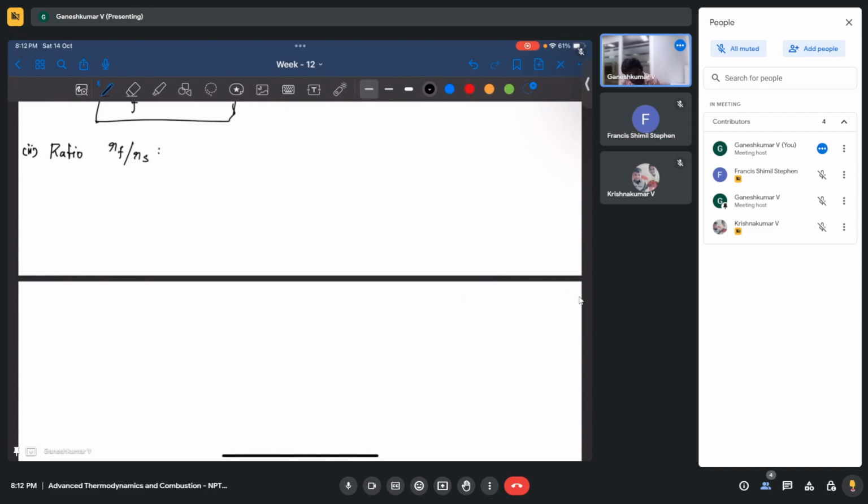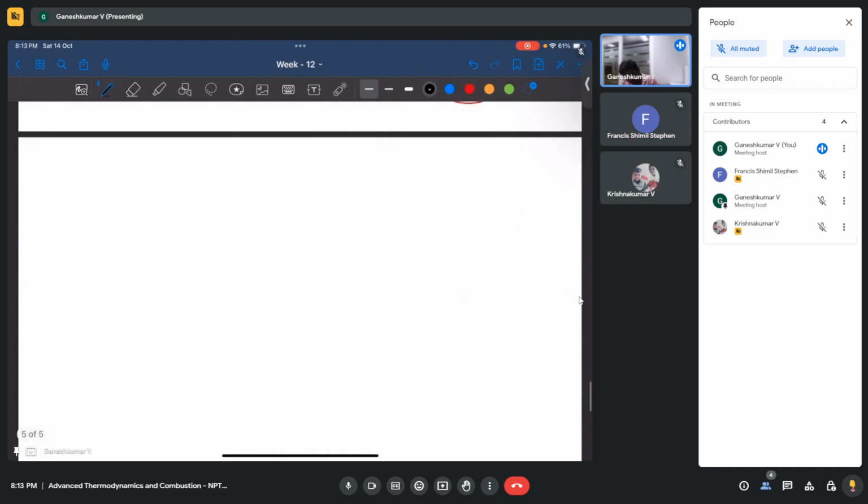So we have a droplet here and a flame over here, and I'm fixing the coordinate at the center of the droplet. So the radial coordinate at the surface is going to be RS, and at the flame it is RF. This is what they are asking us to find out.